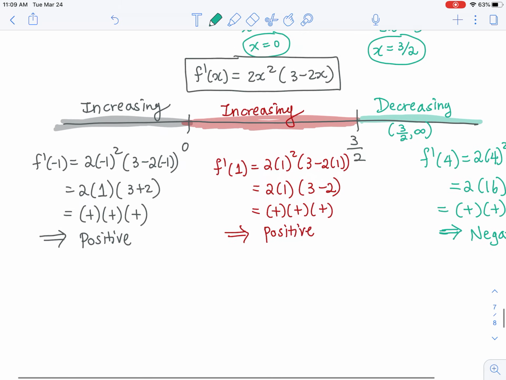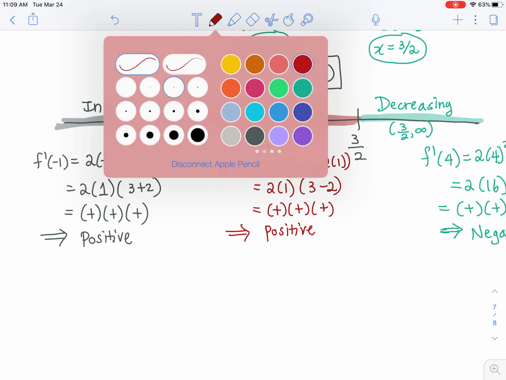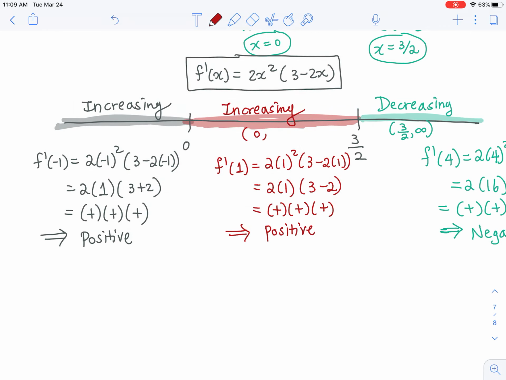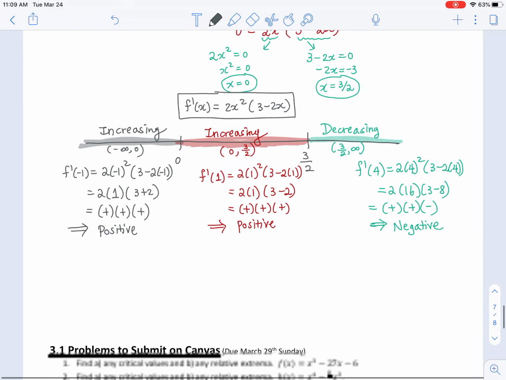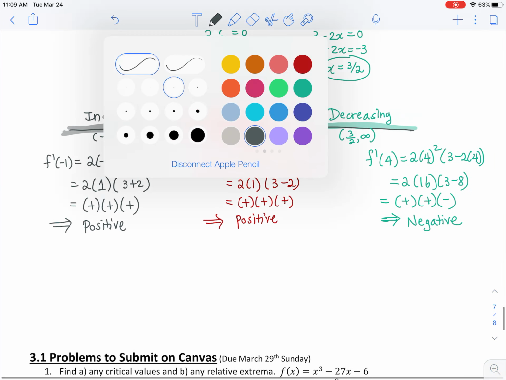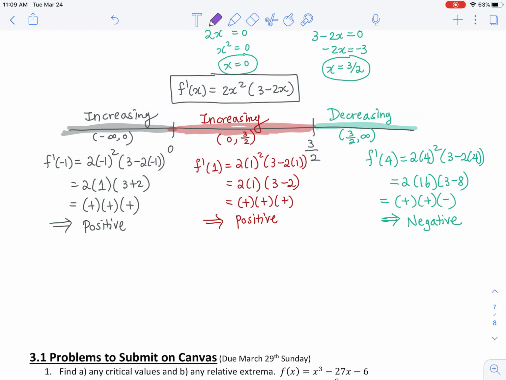I really didn't write the intervals here, but I know you have no issue writing them. This one was 0 to positive 3/2, and the one all the way on the left was negative infinity to 0. All right, now let me sketch a quick graph. I'm not going to make it a perfect graph, just a sketch. Here's my 0, here's my 3/2.